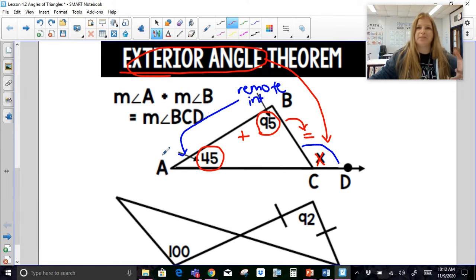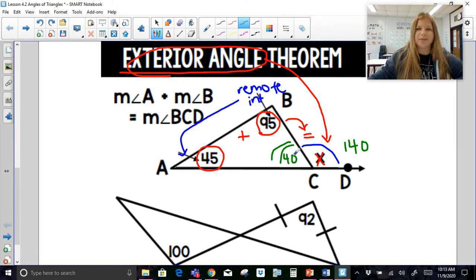Now, the reason for this is pretty simple. If I add up these two angles, I'm going to get 140, and I'm going to then know that this angle here that's missing is 40 degrees, because 140 plus 40 will make that 180. Well, now think about it. If I figure out that this is 40 degrees, and I see I have a straight line, I have a linear pair, and that means these two angles are supplementary. So if this angle is 40, then this angle would have to be 140.